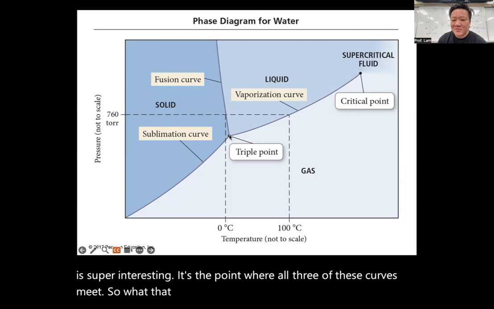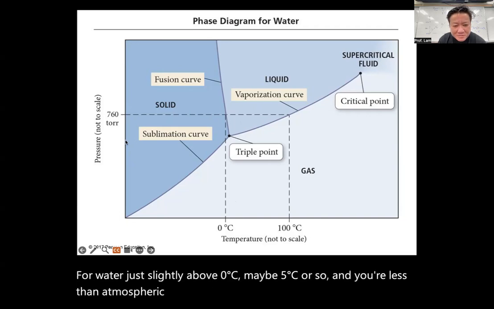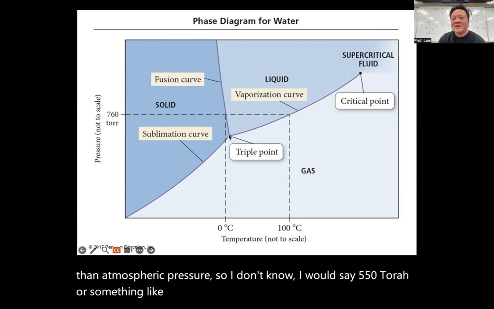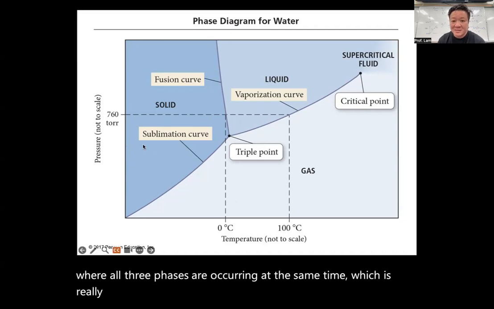So what that means is if you're sitting here, which for water is just slightly above 0 degrees Celsius, maybe 5 degrees Celsius or so, and you're less than atmospheric pressure, so I would say 550 torr or something like that, you can reach what's called a triple point where all three phases are occurring at the same time, right? Which is a really interesting thing to see.